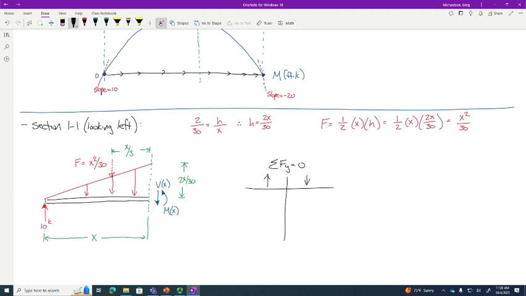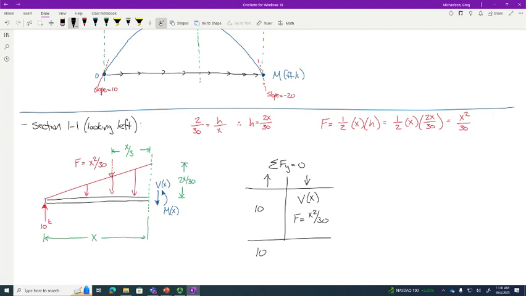So what do I have? Help me out. I got 10 going up. I've got this going down. And I've got this going down. So 10 going up, V going down, and x squared over 30 going down. Is that making sense? Everybody with me on that? Please don't hesitate if you have a question.